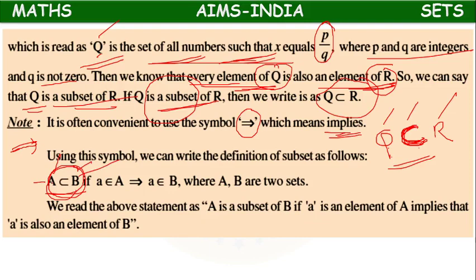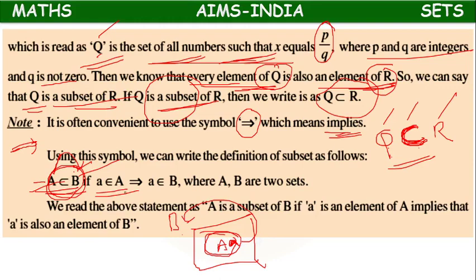All the elements present in A will be present in B. Means A will be inside B. B is the rectangle, and A will be a circle inside B. So we can call it A subset B. Means if small a is present in set A, indirectly we can say that small a is also present in set B. So if small a belongs to A, it implies that small a belongs to capital B. Why?